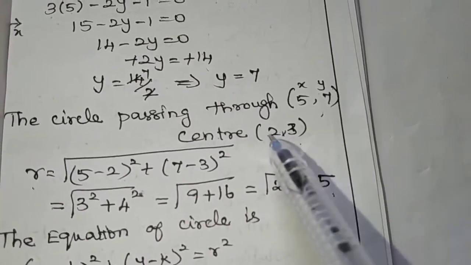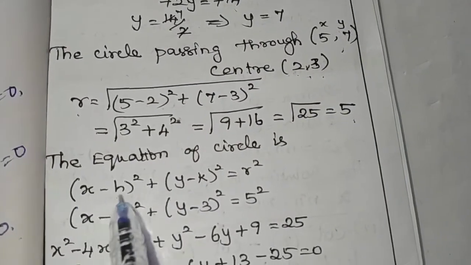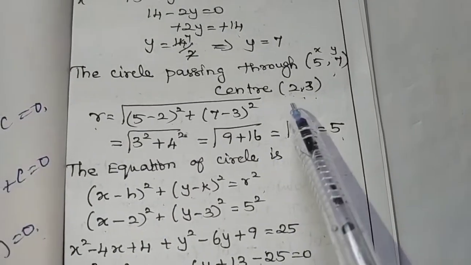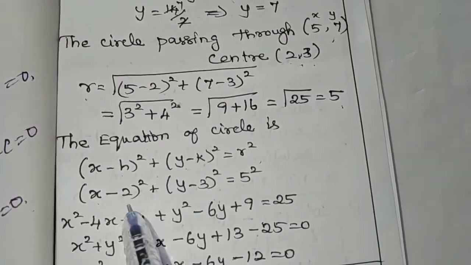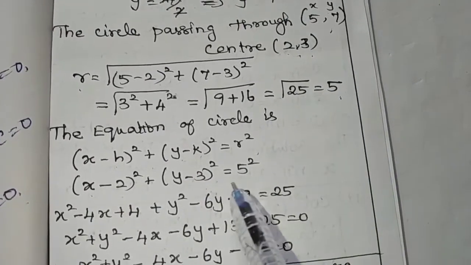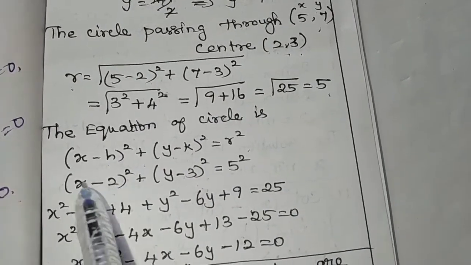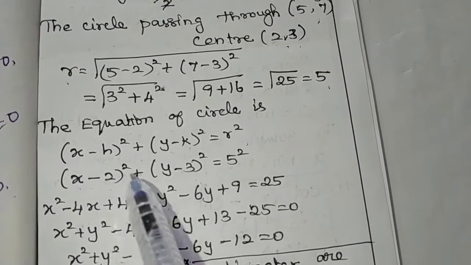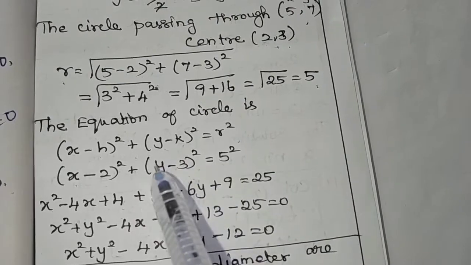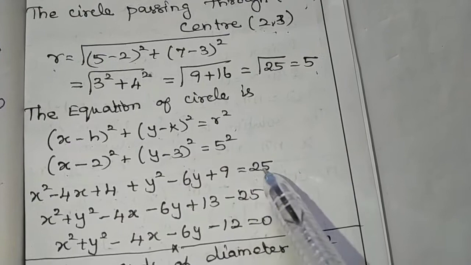Now center 2 comma 3, this one is h comma k. Okay, now formula: (x minus h) whole square plus (y minus k) whole square equal to r squared. So (x minus 2) square plus (y minus 3) whole square equal to radius 5 square. A minus b whole square formula: x square minus 2 into x, minus 4x, 2 square 4, plus y square, here also minus 2 into 3 into y, that is minus 6y plus 9, 5 square 25.